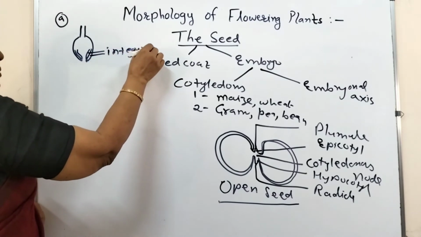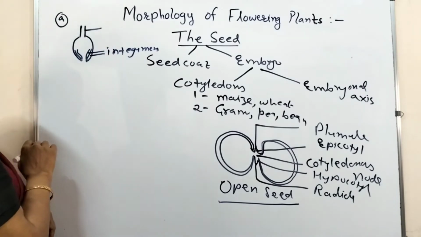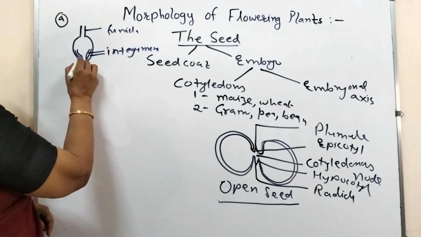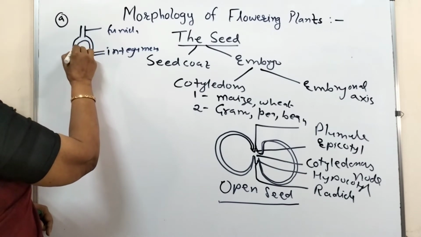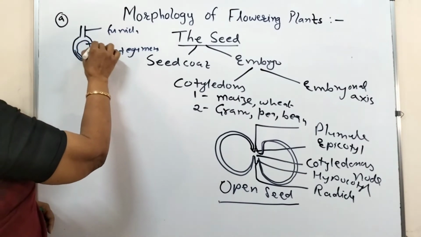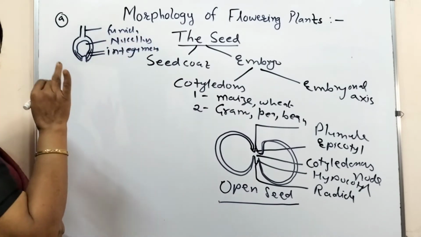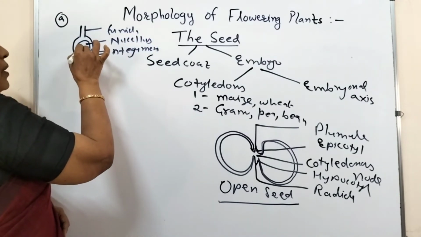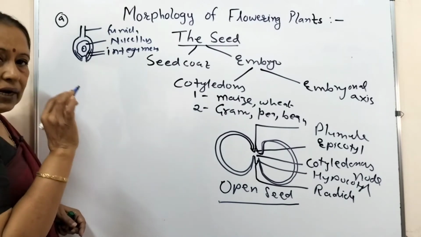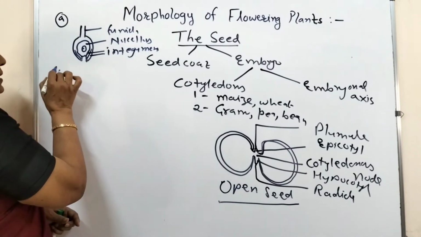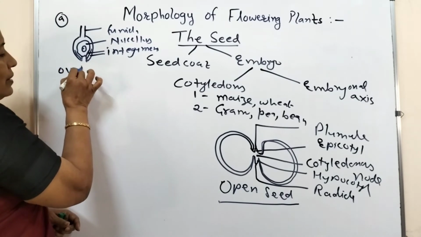This is the stalk, called funicle. Inside there is a complete mass of tissue called nucellus. And inside this nucellus, the embryo sac will be formed, inside which the female egg is there.